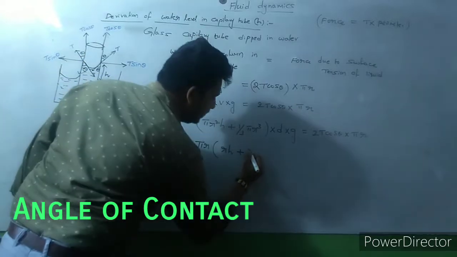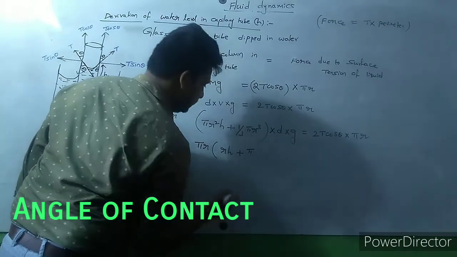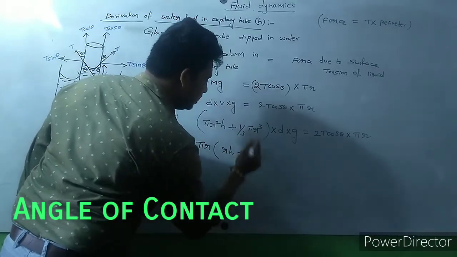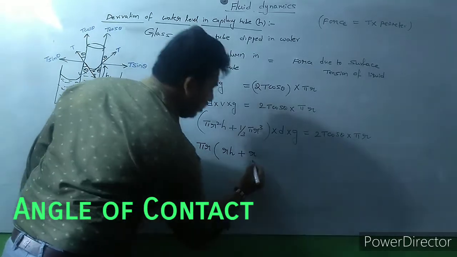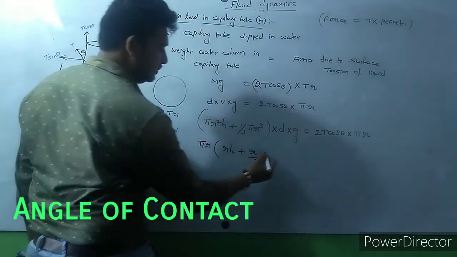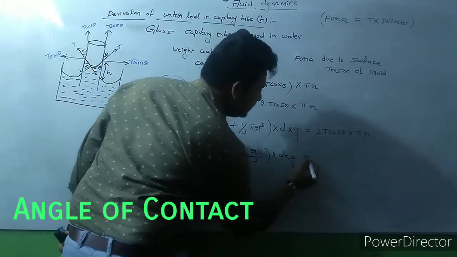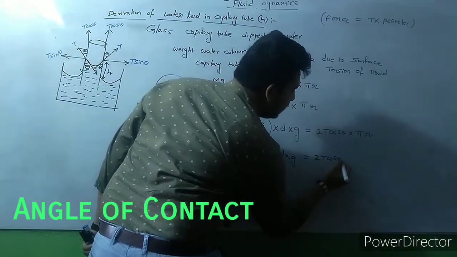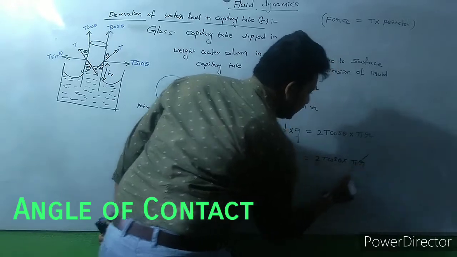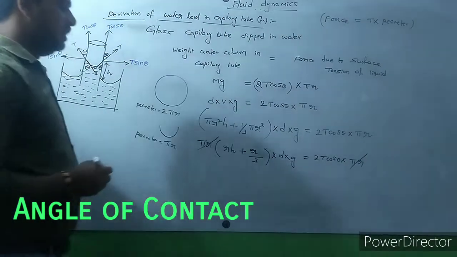Then pi is pi, and r by 3 is left. Into d into g is equal to 2T cos theta into pi r. Here pi r gets cancelled.